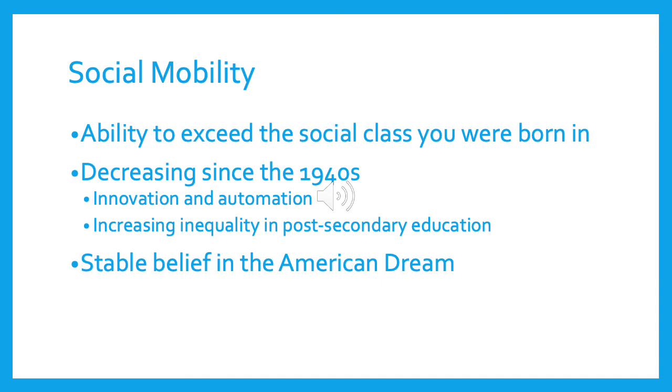We also see a lot of increasing inequality in post-secondary education. So the good news is that more Americans are graduating from high school and college than ever. The bad news is that it's really unequal who's graduating from college. And as college graduation rates increase, college is becoming the new high school.